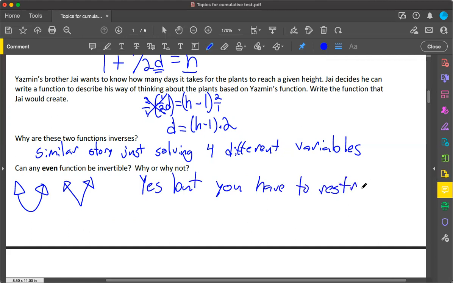And you can think about the example on the first page where we had that square root in the mix. You had to restrict that domain because if you really think about an even function, it's going to look like that. And then the inverse is going to be this almost belly shape. But let's imagine that we cut the quadratic in half.